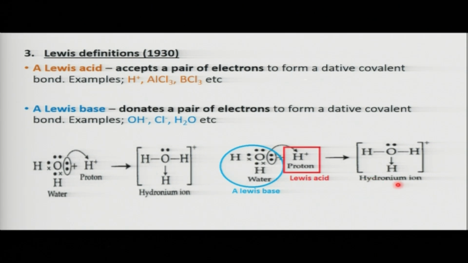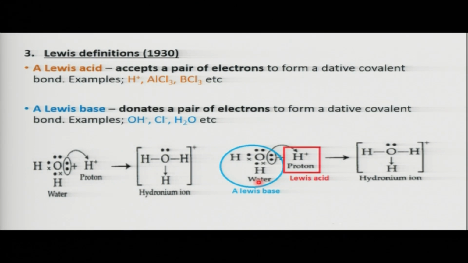So to him, an acid should accept a pair of electrons. In other words, a hydrogen ion will be an acid if it is in solution because it can accept a pair of electrons from oxygen in water. In the same way, a base should donate a pair of electrons to form a dative bond. So when you look at water, if you recall, we've been using water as an acid or water as a base.